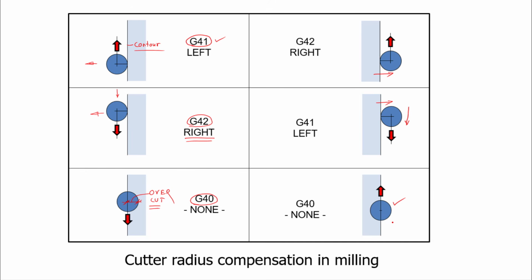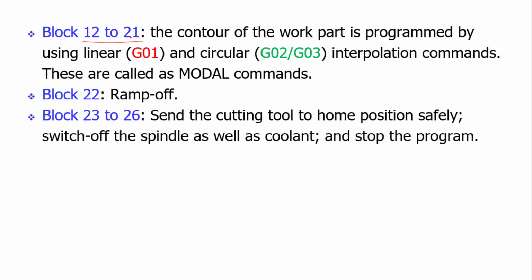If nothing is done, then there is overcut. Blocks 12 to 21 are providing the information about the interpolation. Block 22 is providing the information of the ramp off, and from 23 to 26 there are program end instructions.